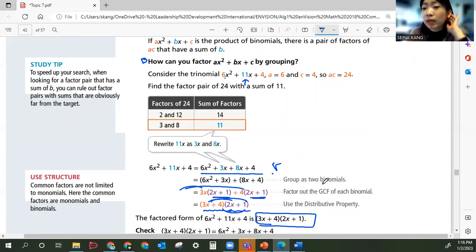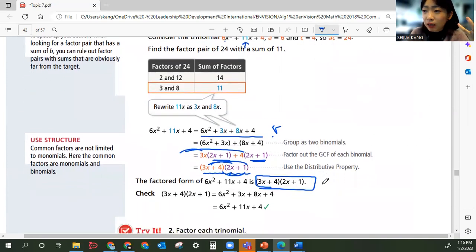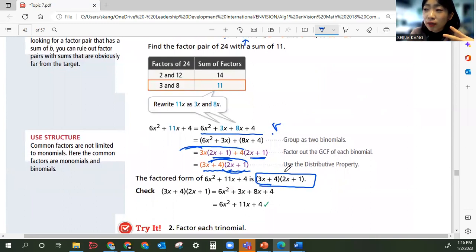Don't just assume that your answer is always right because you might make mistakes in the middle. So you're going to check by solving out the factored forms. And if you get the same trinomial that you had in the first place, that means you've done it right. Okay, so this is a way to check.